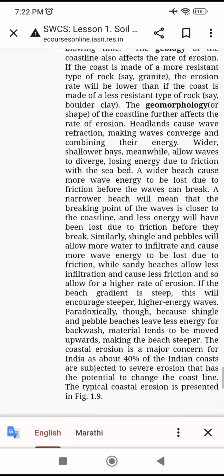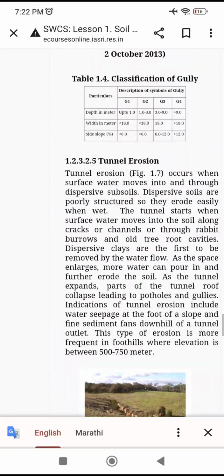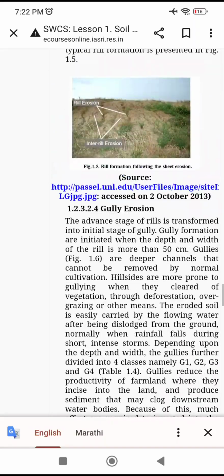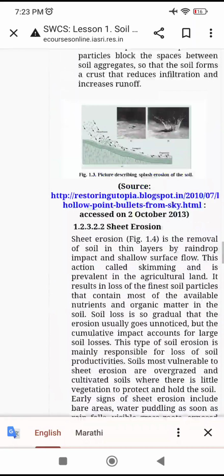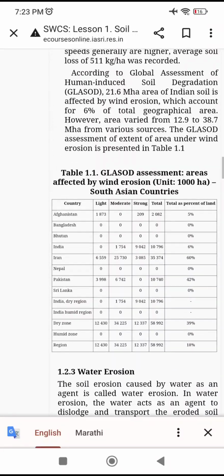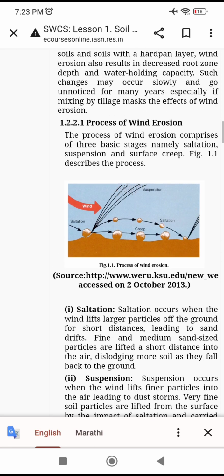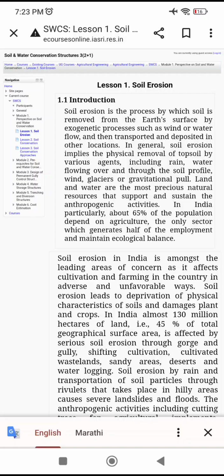As we already discussed, but still from exam point of view, these different types of water erosion are important. The sequence of water erosion is important. If you have seen our community section of YouTube, there you will find some questions regarding this, as well as for wind erosion: saltation, suspension and surface creep. This sequence should be remembered, so don't forget this from exam point of view.